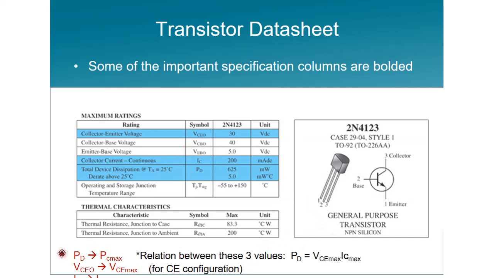So I list here the relation between the three values. PD equal to VCE maximum multiplied with IC maximum. So you can find its value from this table: VCE maximum, IC maximum, and PC maximum.